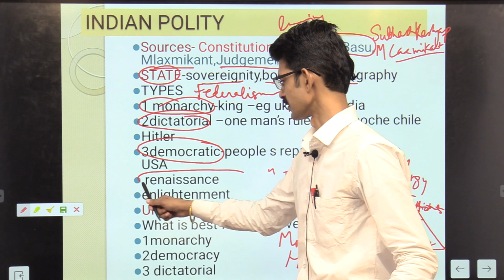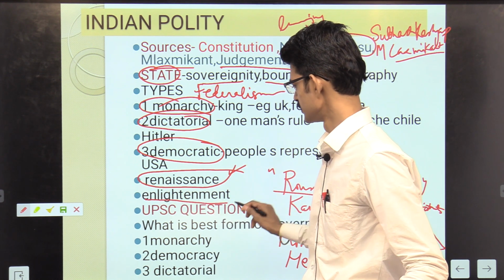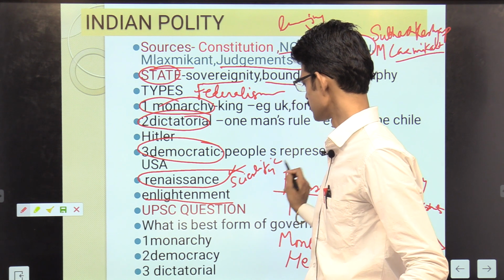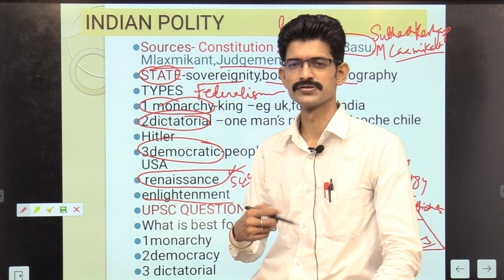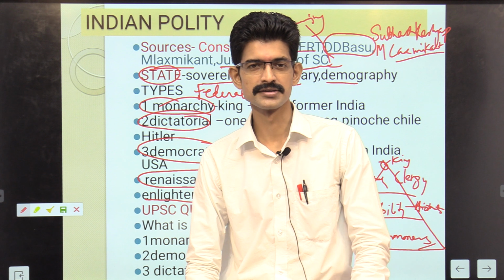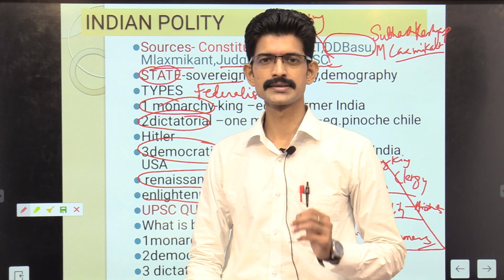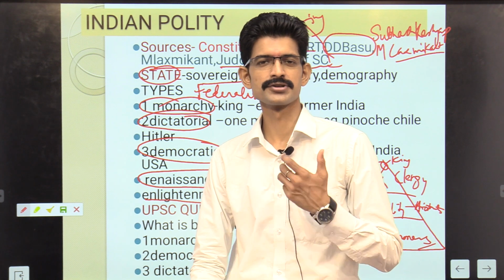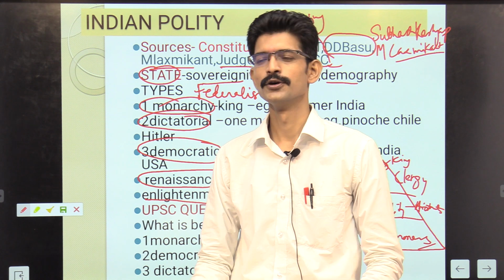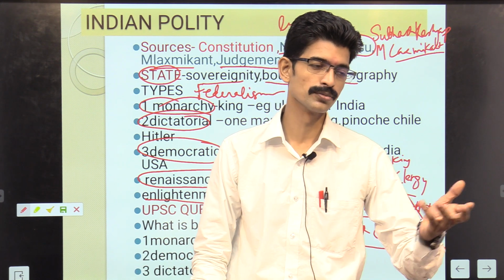Then there is the Renaissance period in which various kinds of scientific research were made. Subjects such as sociology emerged, physics, chemistry, maths, geography emerged during the period of the Renaissance, and people started questioning the various existing structures of society. People started thinking, why is this going in this way, why are churches collecting the taxes, why has the king been enjoying so many facilities.